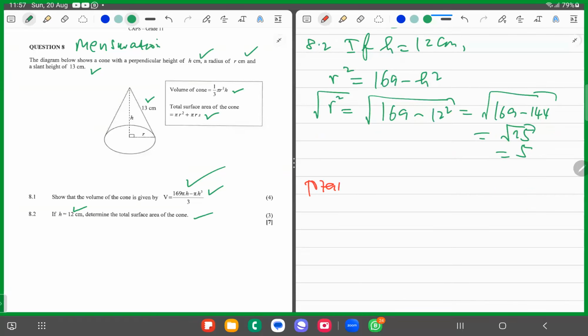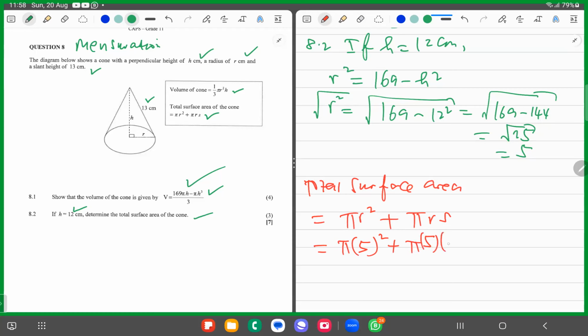So you have the total surface area. What is the total surface area of a cone? Total surface area of a cone is pi r squared plus pi r times the slant height, pi r s. So it's pi into 5 squared plus pi into 5 times 13.